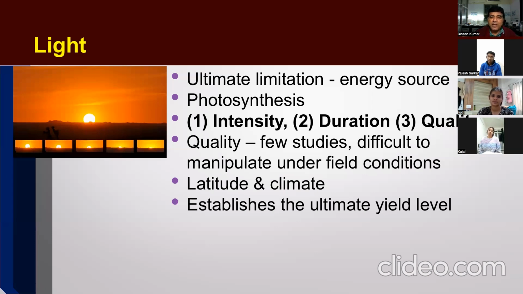And of course, the light intensity and duration vary with the latitude, the place on the earth. And of course, the climatic conditions, particularly cloudy weather, which can affect the light coming to the ground. So there are many factors that affect the light on the earth, and finally it establishes the ultimate yield level.